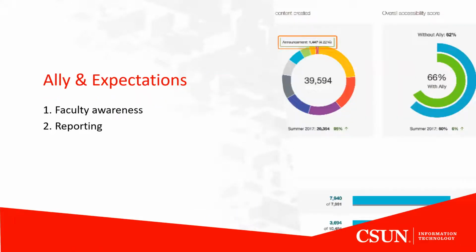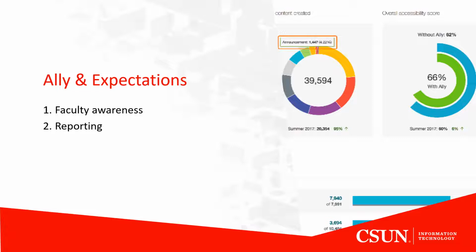We didn't expect Ally to do everything. Ally can't do everything. So our goals at Northridge were faculty awareness, and as I've mentioned previously, reporting. The faculty who are on every committee at the campus, you know, there's some folks who have heard the message about accessibility loud and clear, but of course we have a large and diverse body of faculty.